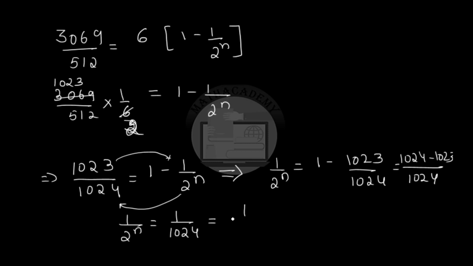And 1 upon 1024 is nothing but 1 upon 2 to the power of 10. So 1 upon 2 to the power n is equal to 1 upon 2 to the power 10. So we say that n is equal to 10. So the number of terms which needs to be added to give a sum of 3069 over 512 is 10.